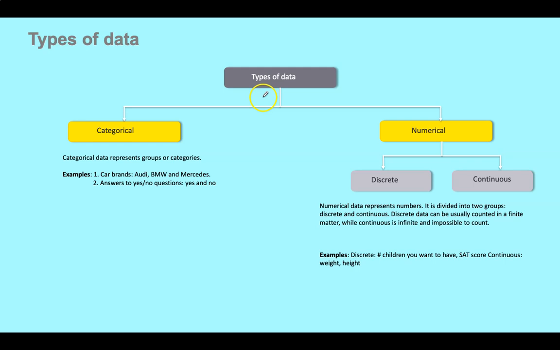If I talk about data, when you have a numerical form, it is further divided into discrete and continuous, and one more is the categorical feature.